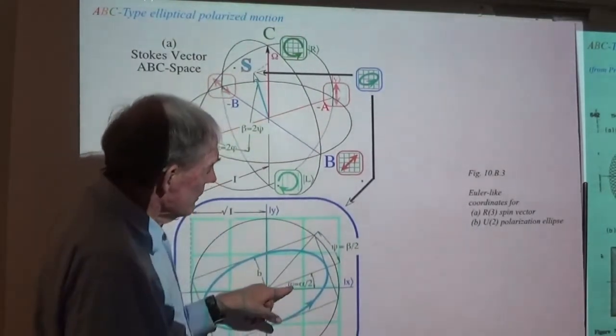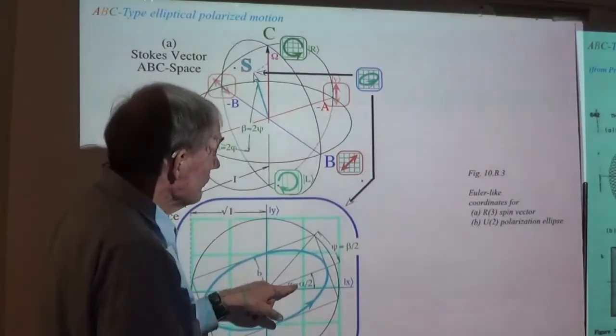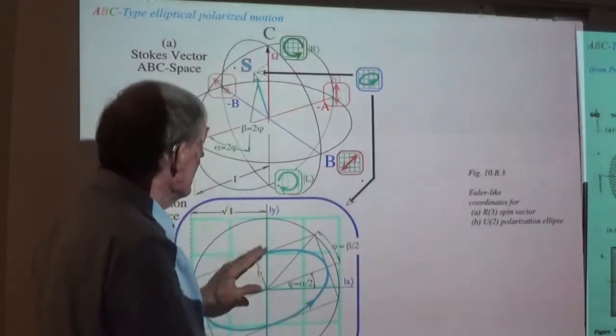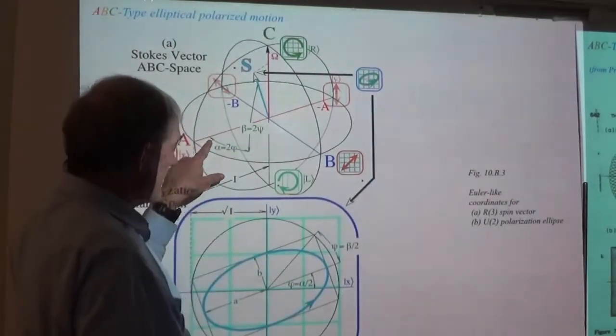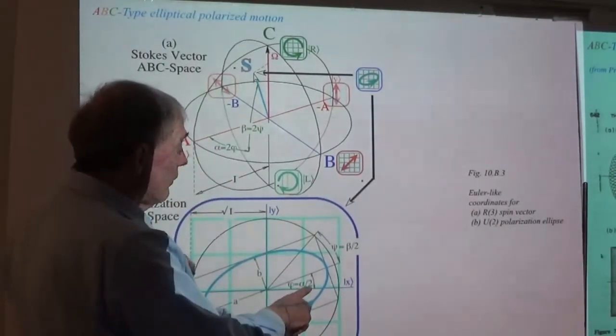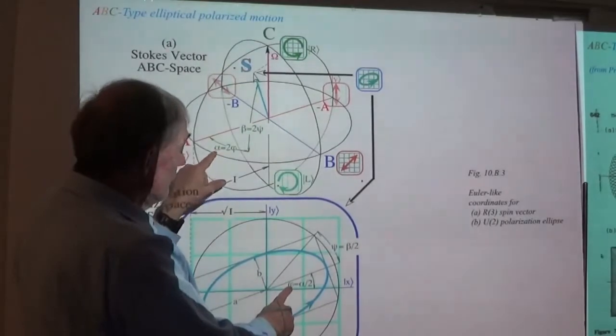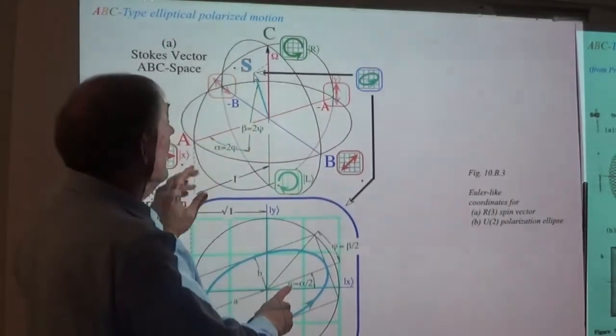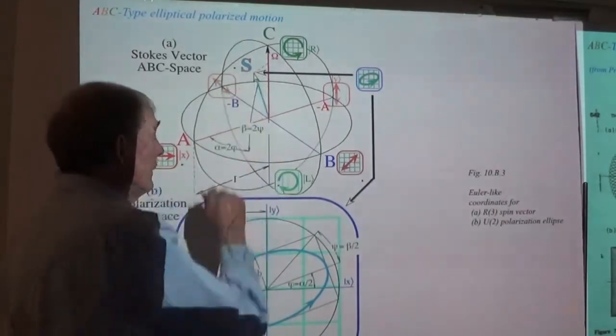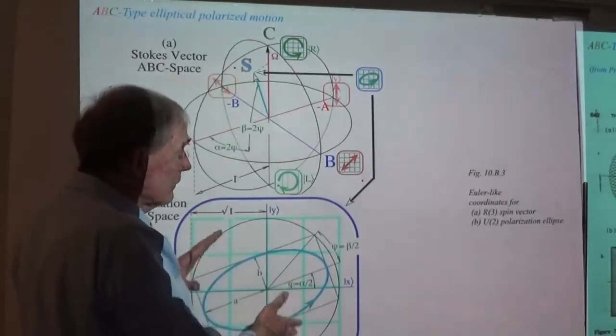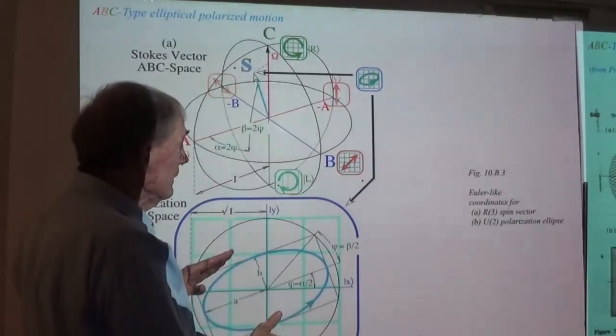Take this angle and double it, this azimuthal angle in this space, so that it's not alpha over 2, it's alpha, it's 2 phi, and it's the azimuth of the Stokes vector that goes with this ellipse, okay?